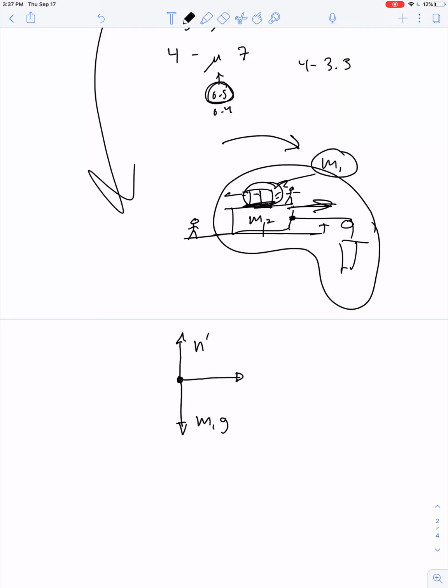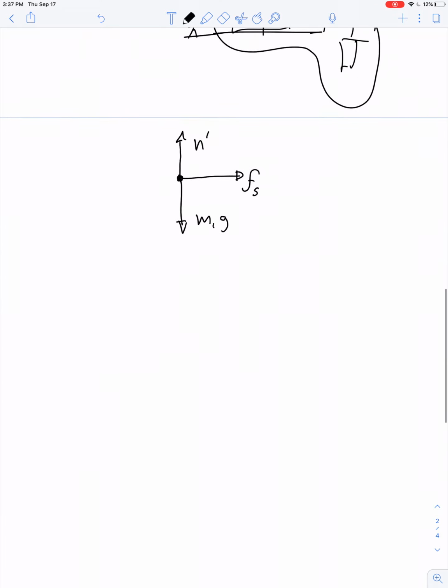But it's definitely not the tension in the string, because that tension is not connected to block number 1. So it's actually the grip, the roughness, this static friction between block number 1 and block number 2. This is a force of static friction that's actually going in the direction of the acceleration of the system. This is a case where friction causes the motion.